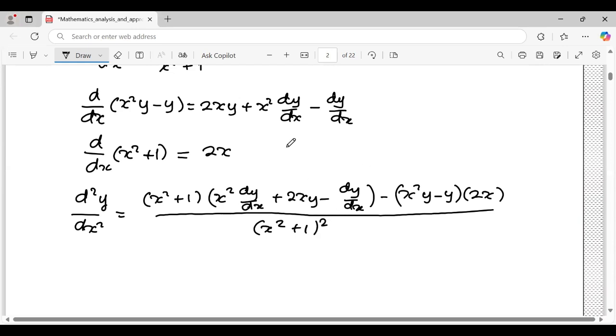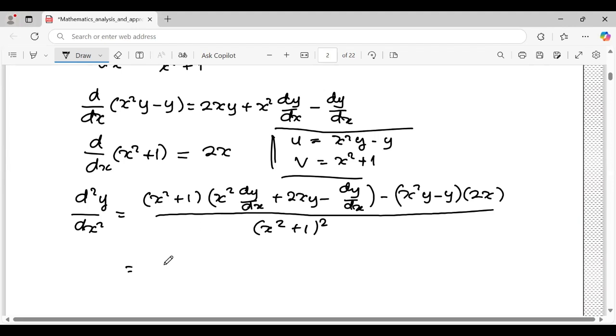I use this for the substitution: let u equal x squared y minus y and v equal x squared plus 1. Okay. So I use this rule. Okay. And then let's continue.